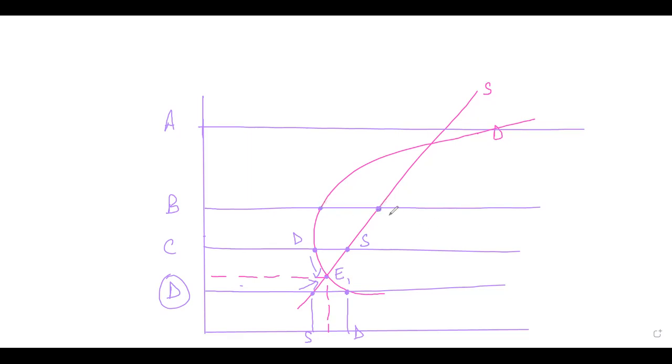So when supply is greater and demand is less, prices will decrease and you'll come back to the original equilibrium point. But what is happening at A? Demand is already greater. This is where it's cutting the demand curve. So demand is already greater than the supply, and therefore the prices would only rise even further.